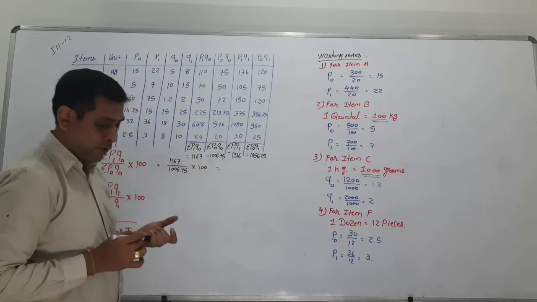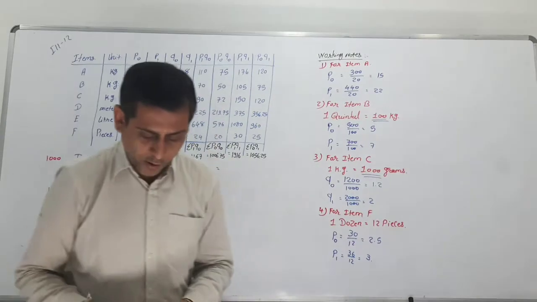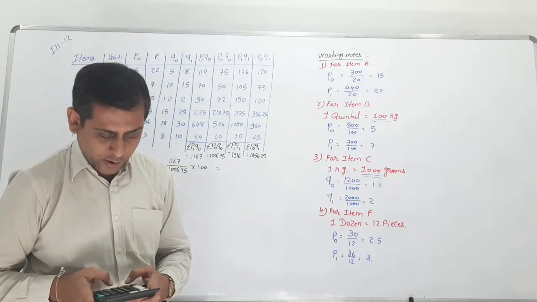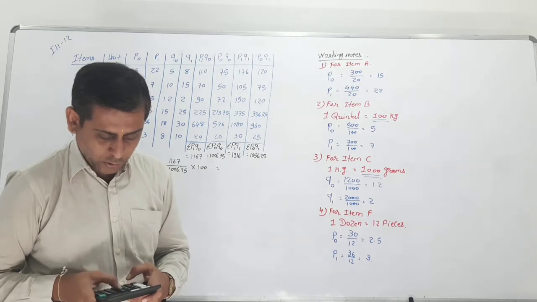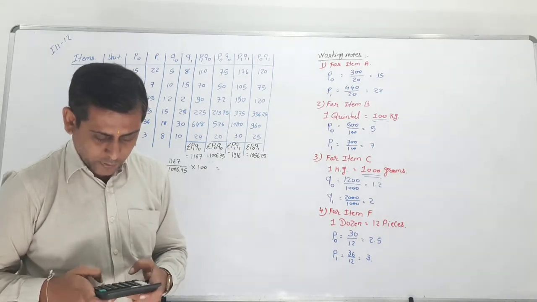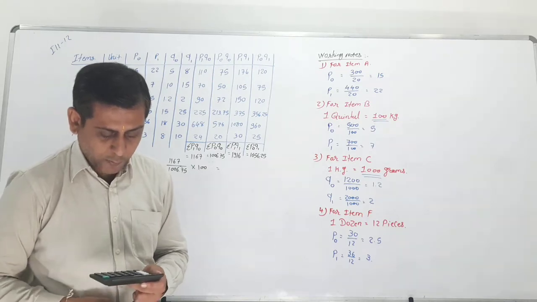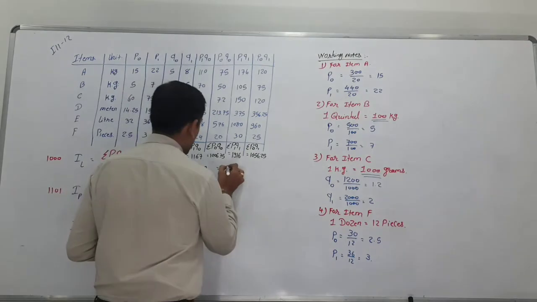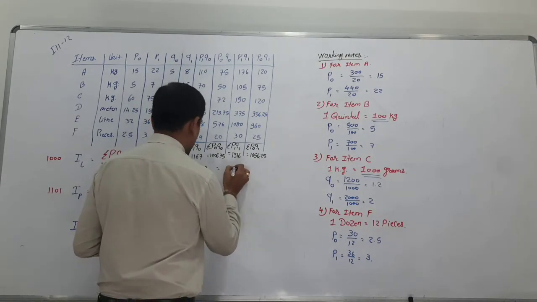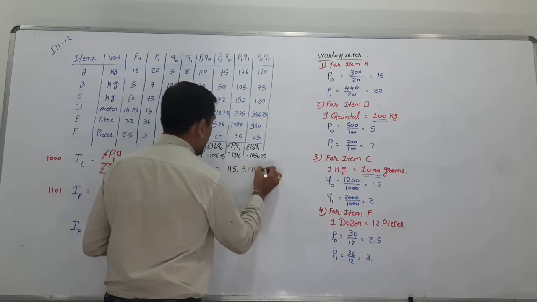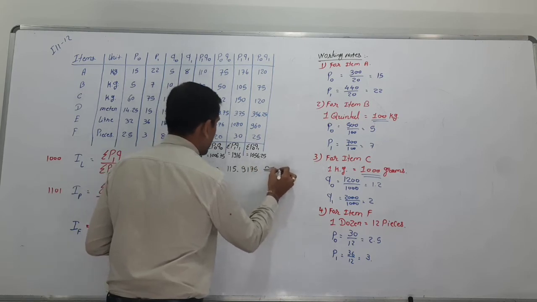What is the answer for that? 1167 divided by 1006.75 into 100. The answer is 115.9175, and the approximate answer is equal to 115 point.